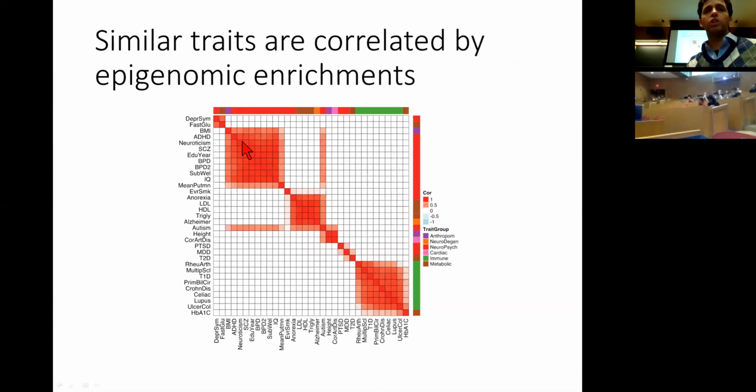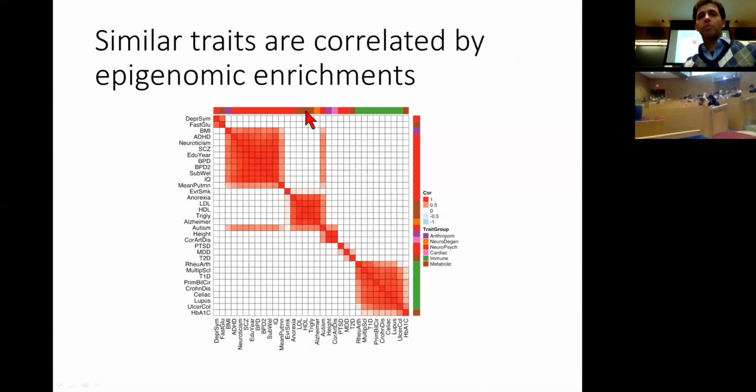You can see here ADHD and neuroticism, schizophrenia, years of education, and so on are showing similar co-enrichments, which makes a lot of sense in terms of their association with the psychiatric and central nervous system epigenomic annotations.